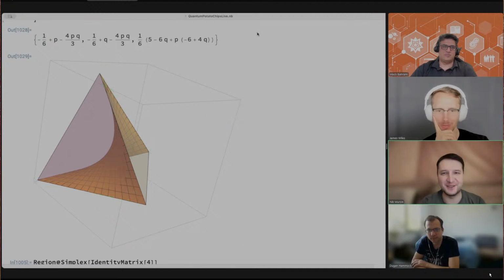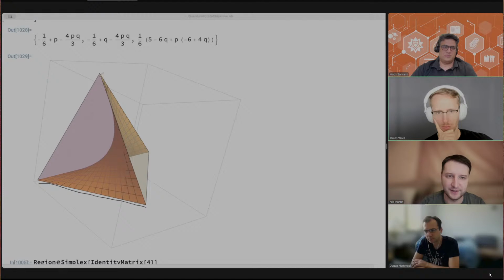Well, let me try myself then. If this is your one-dimensional simplex, corresponding to p and 1 minus p, so it's one coin, then this one is another coin, q and 1 minus q.